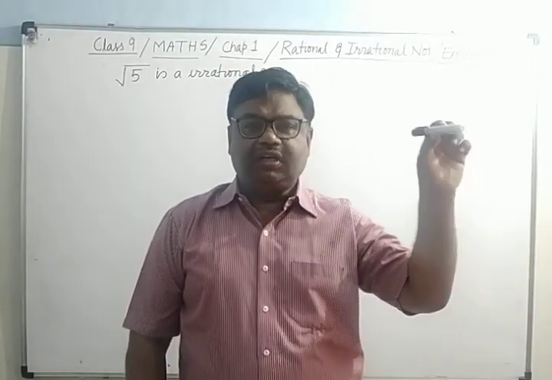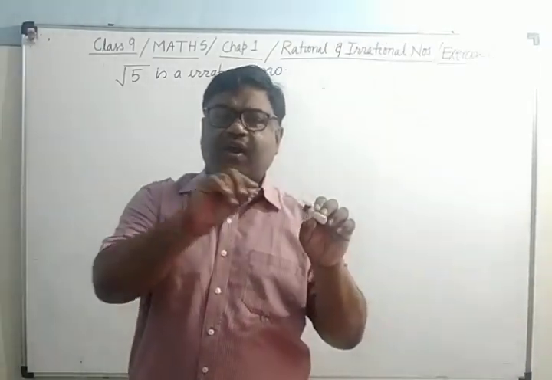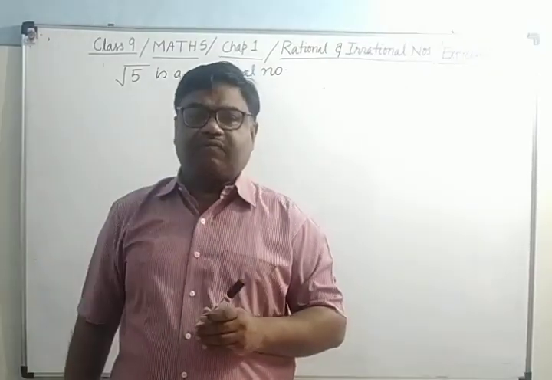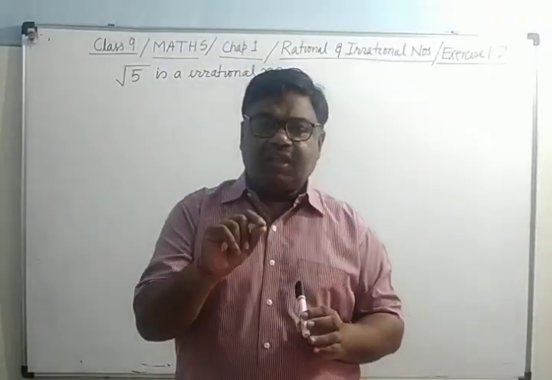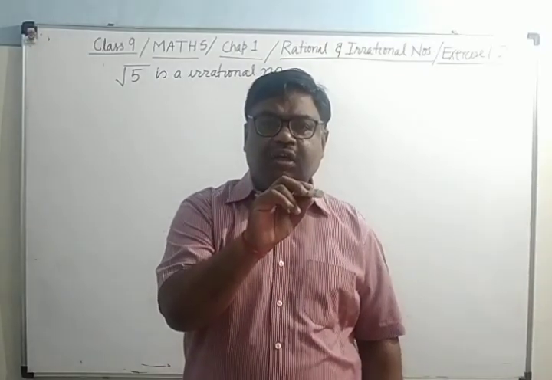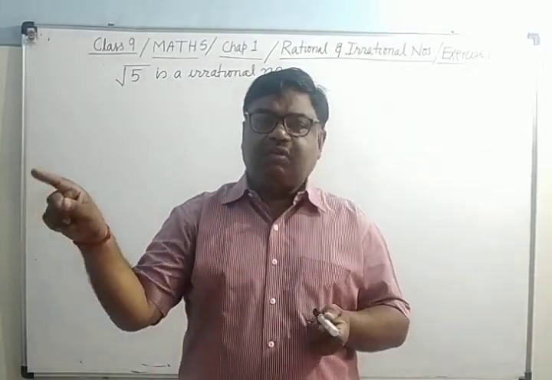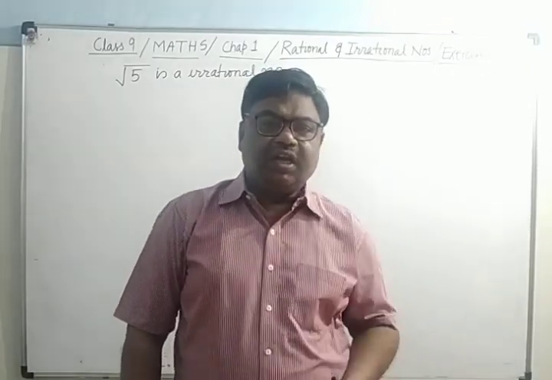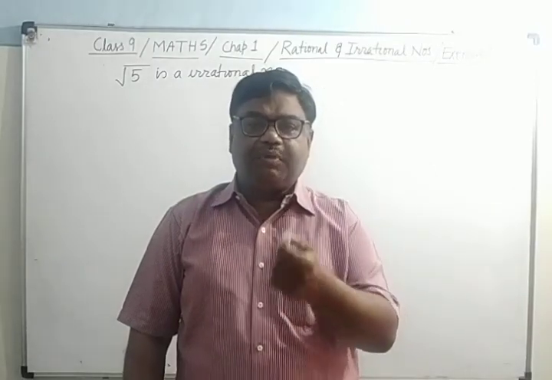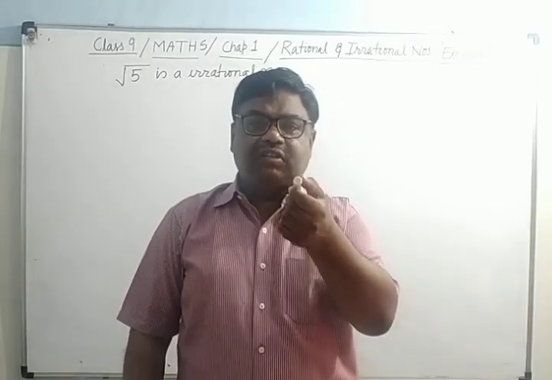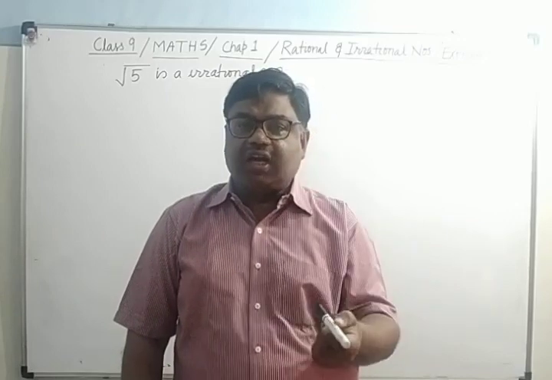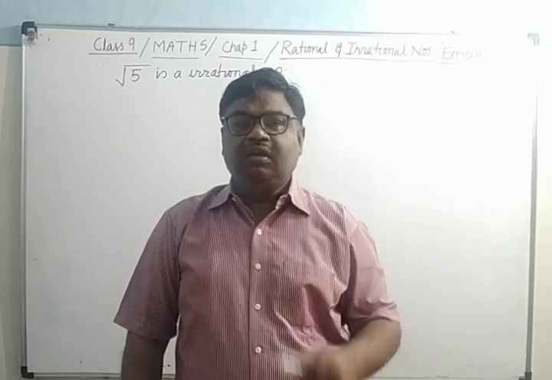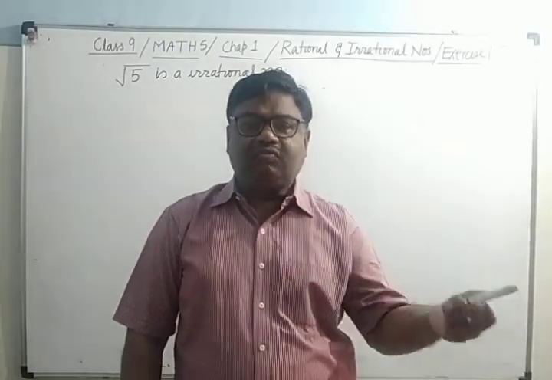So we have assumed that it is a piece of chalk, and starting from there, we will prove something which is against the property of chalk. And since we have reached a property which does not belong to chalk, therefore our supposition, our assumption is not correct. And since it is not correct, therefore what will happen? It will be the opposite of chalk, means it will be the marker.